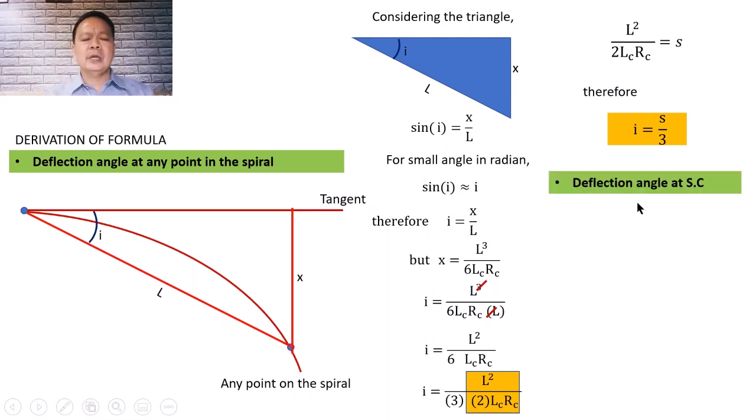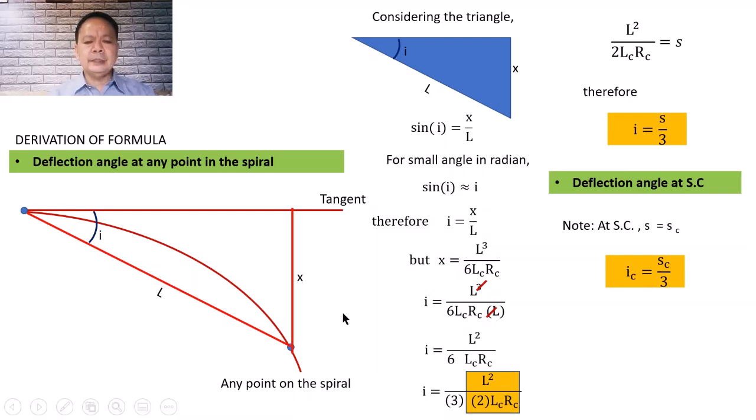So that the deflection angle at SC can be computed using the relation that at SC, the spiral angle is already equal to S sub C. Hence, we can substitute that I will become I sub C, so that I sub C therefore will be equal to S sub C over 3. And that gives us the formula for finding the deflection angle at SC.